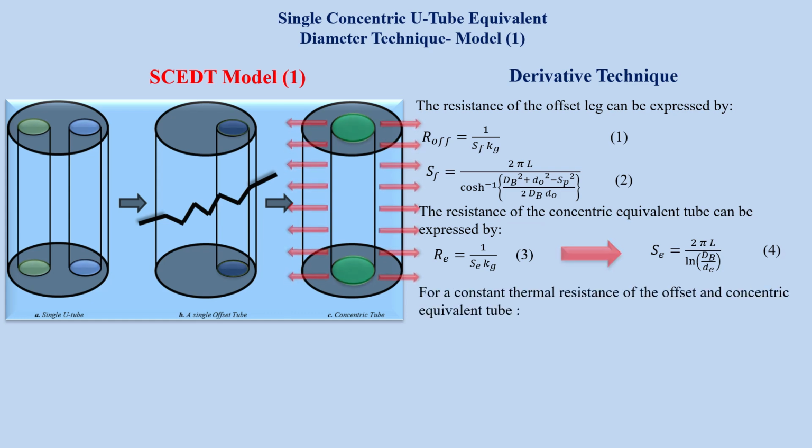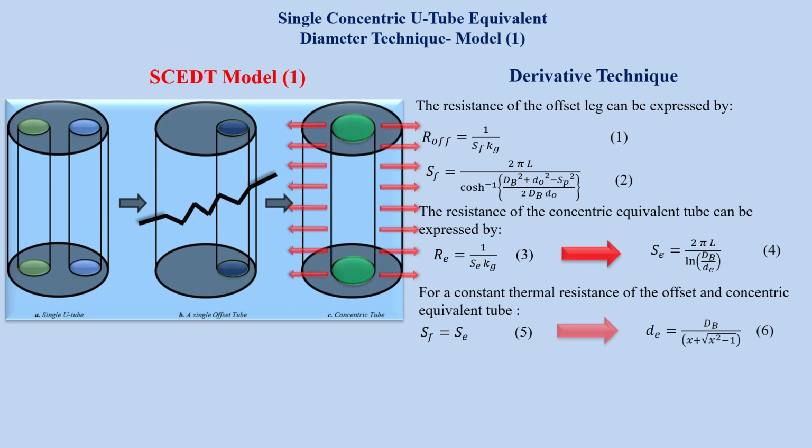For a constant thermal resistance of the offset and the concentric equivalent tube, we will get that the shape factor is equal, and that will lead to D equivalent in terms of D sub B divided by x plus square root of x squared minus 1, as shown in equation number 6.